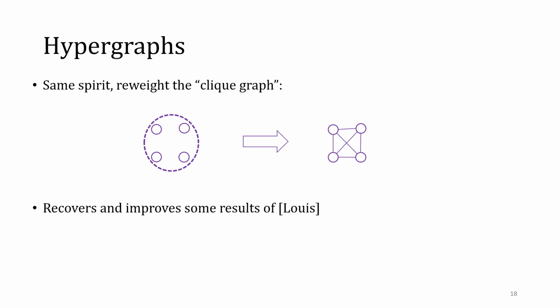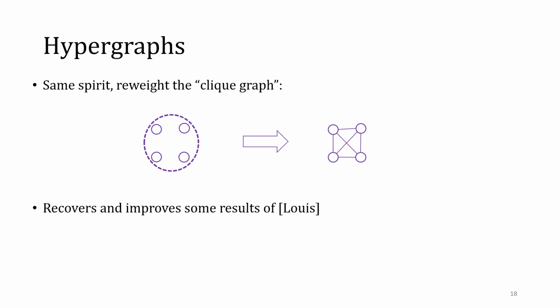We mentioned that we also managed to derive a reweighted eigenvalue theory for hypergraphs. It's basically the same spirit. We're looking for a polytime computable certificate for hypergraph expansion. The way we do it is to consider the clique graph. For each hyperedge, we take all its vertices and add a clique connecting all of them.